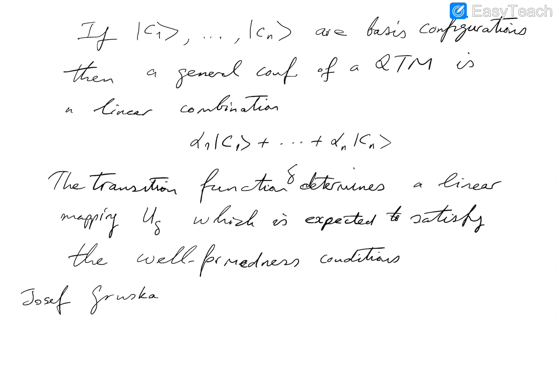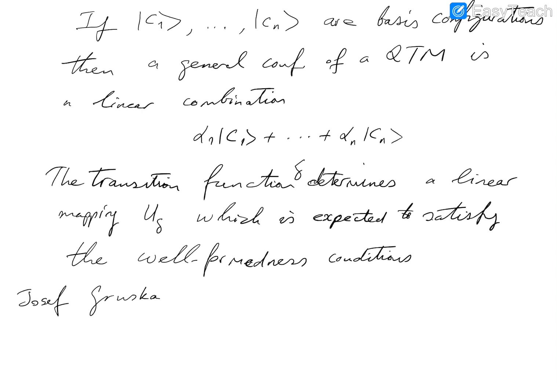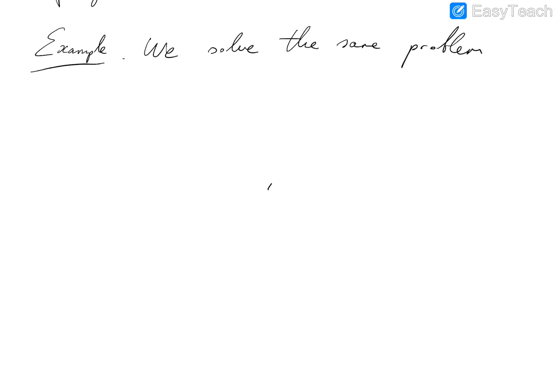Okay, so let's try to solve the same problem again, this time using quantum Turing machines. The problem is the same: given an input string, we want to determine if the input string contains the symbol 1. So we solve the same problem using a quantum Turing machine.